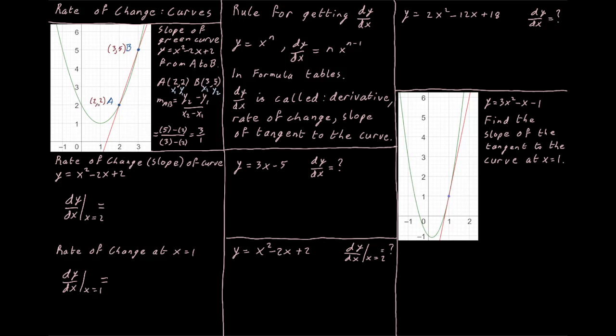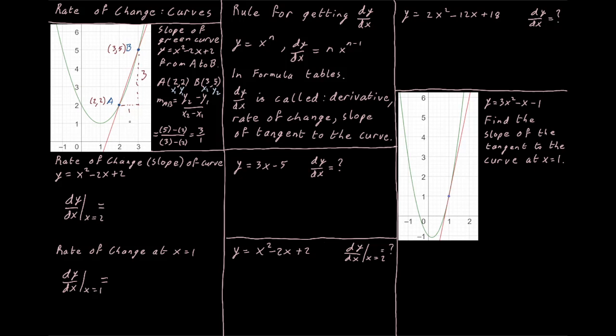I'd get my coordinates of A and B, write down my slope formula, and sub into it, and I'd get that the slope between A and B, so the average rate of change between A and B, would be run across by 1 and rise by 3. So that would be the average rate of change.